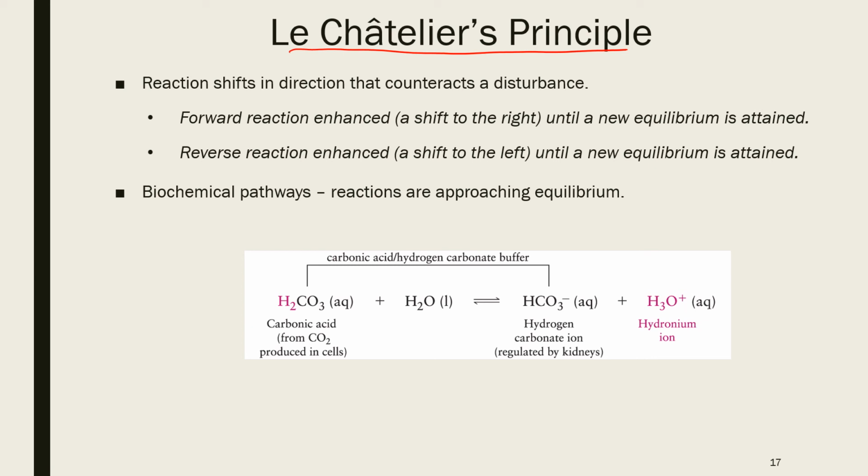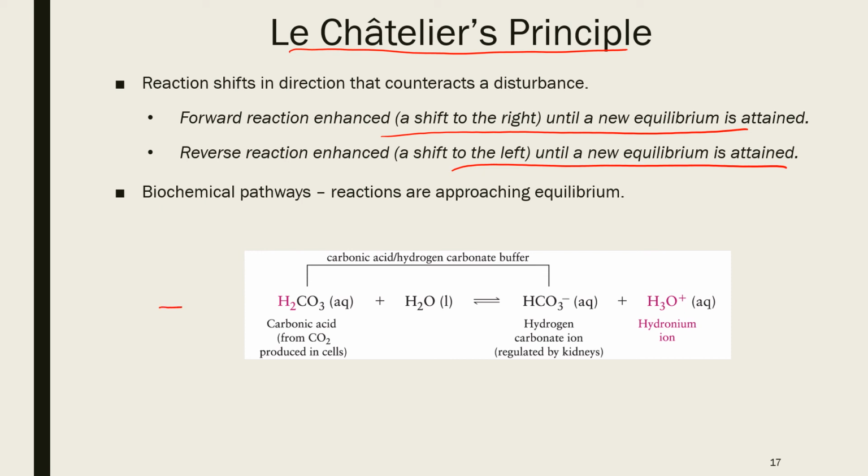A shift to the right means an increase in the rate of the forward direction, and a shift to the left means an increase in the rate of the reverse reaction until the equilibrium is attained. Le Chatelier's principle can also be applied to a change in the concentration of one of the reactants or products in reversible reactions of weak acids or weak bases in aqueous solution.